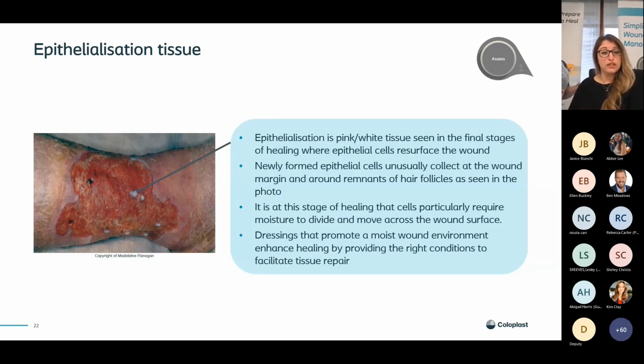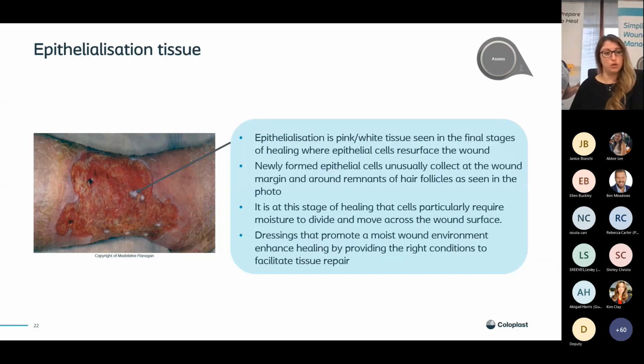Sometimes you can get little islands of epithelial cells, and we don't want to disrupt those. Often people will think that this perhaps is slough forming. You need to make sure that you're assessing that wound bed properly to know what it is that you're looking at. At this stage we also need to make sure we are giving that patient and that wound the optimum healing environment.